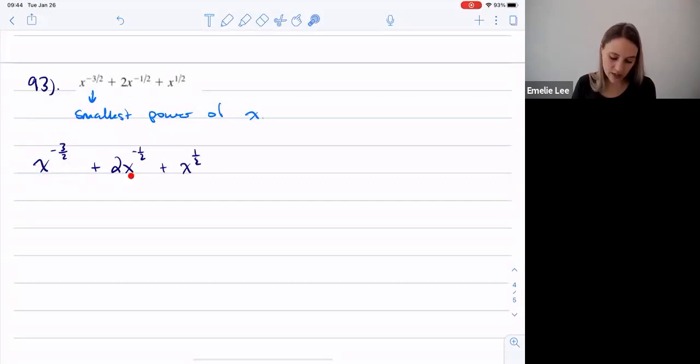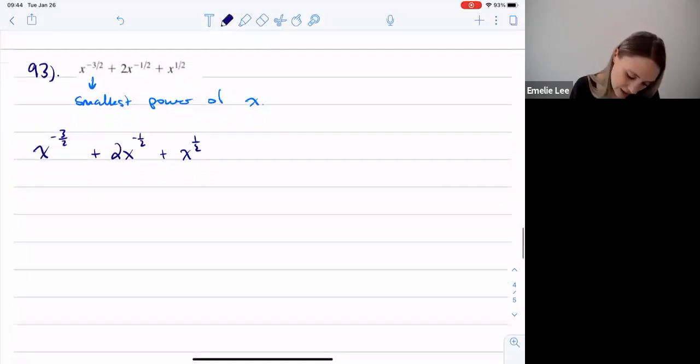And then I need to rewrite x to the -1/2 as x to the -3/2 times x to the power of something that's going to simplify to -1/2. So again, let's just remember how these exponents work, right? I need to add something to -3/2 in order to get to -1/2. Okay, so a little bit tricky.